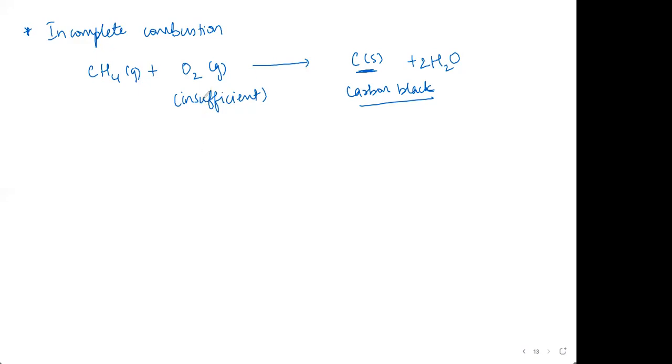So that's what I mentioned. If you're controlling how much oxygen you're giving, when you're burning a candle flame, oxygen is there in air, so it'll take however much is required.